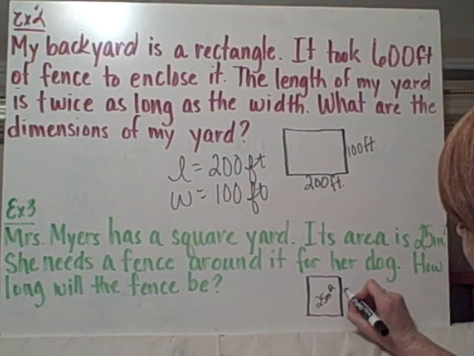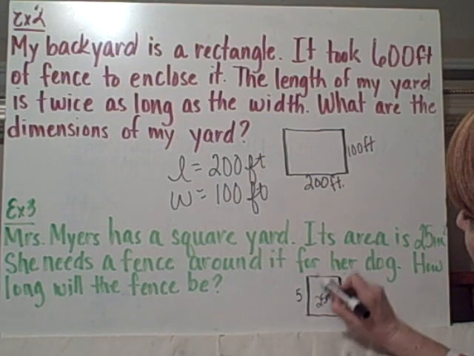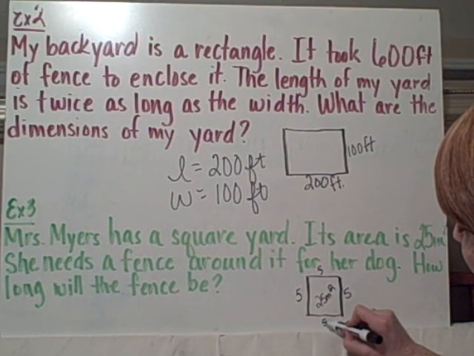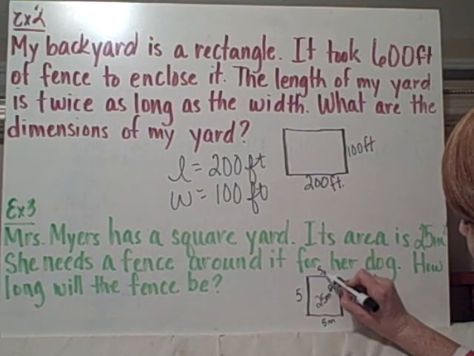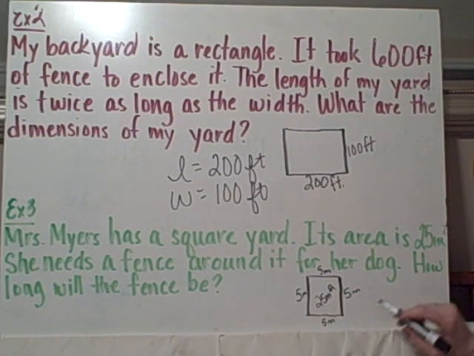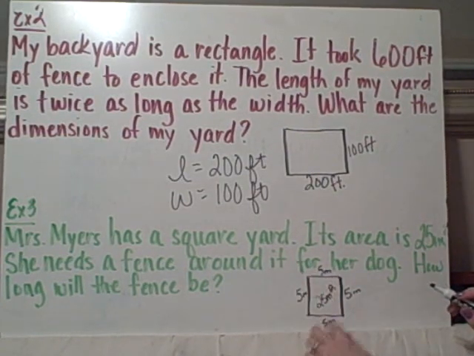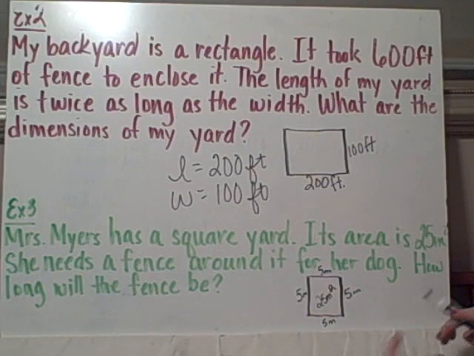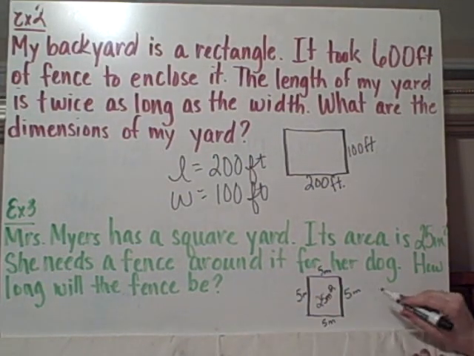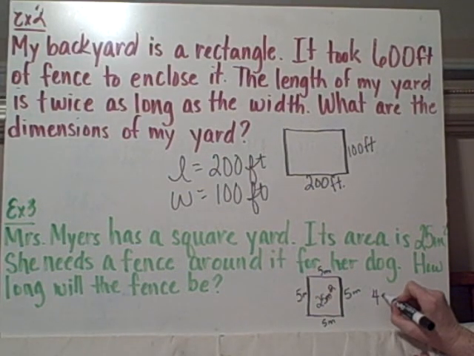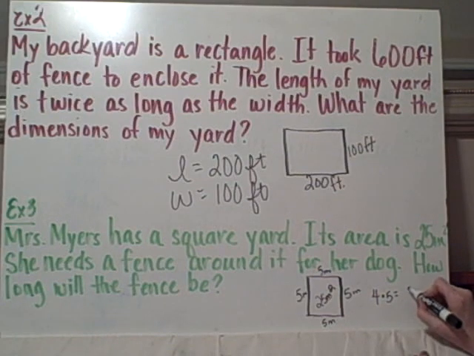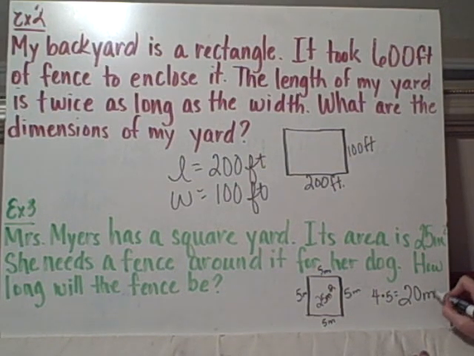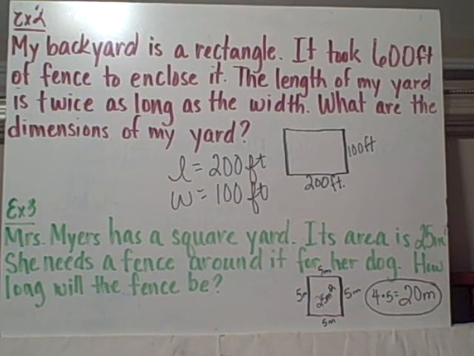So I know that each of the sides of her yard are 5 meters. And I can then add her sides of her yard together, or, since they're all the same, multiply 4 times 5, and I will get 20 meters. And that is how long her fence would need to be.